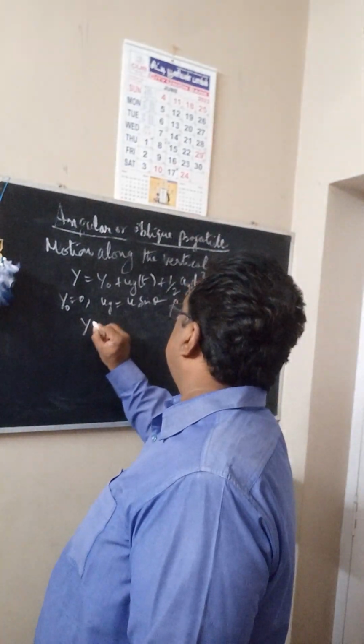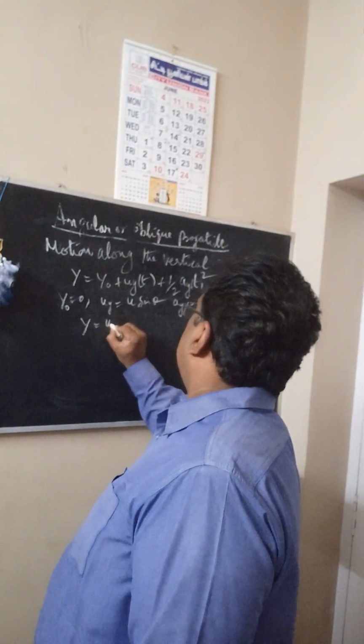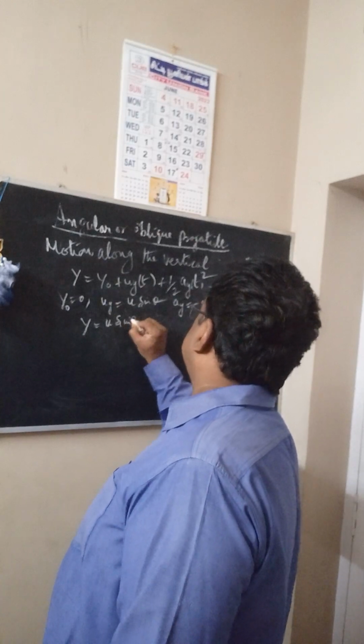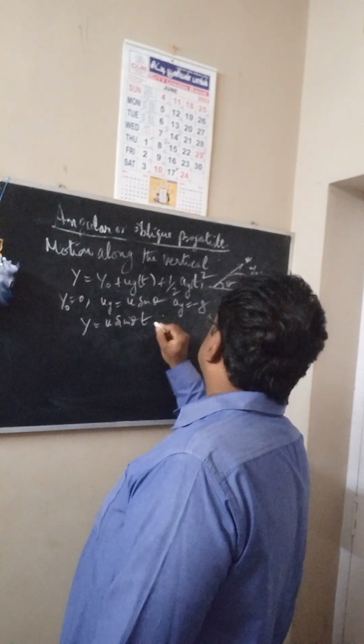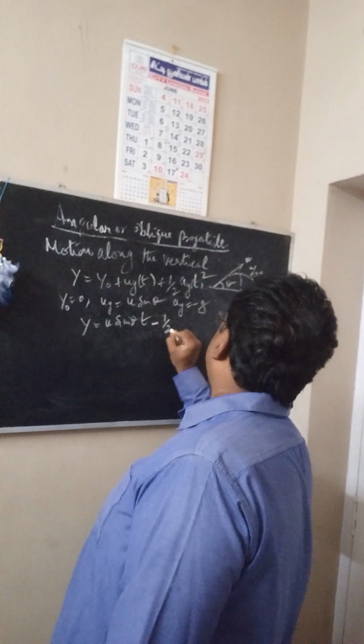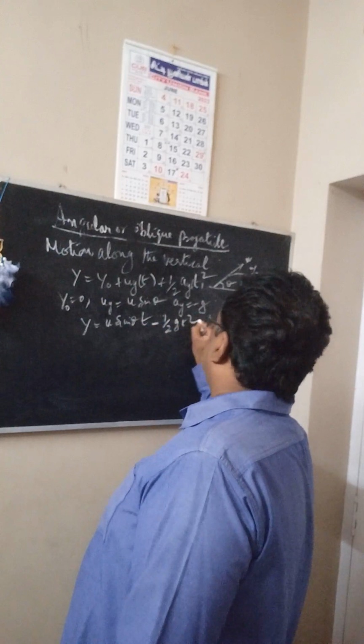Substituting all this, we get y is equal to u sin theta into t minus half g t square.